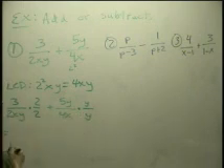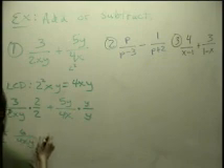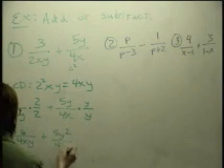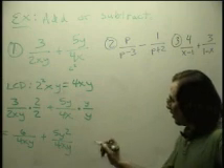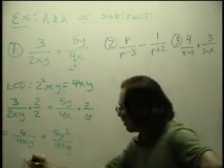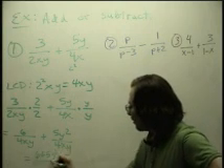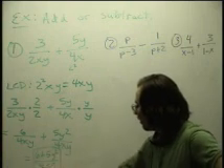So after I do this multiplication, I have 6 over 4xy plus 5y squared over 4xy. And now that the denominators are equal, I can just add the numerators. So I have 6 plus 5y squared over 4xy.